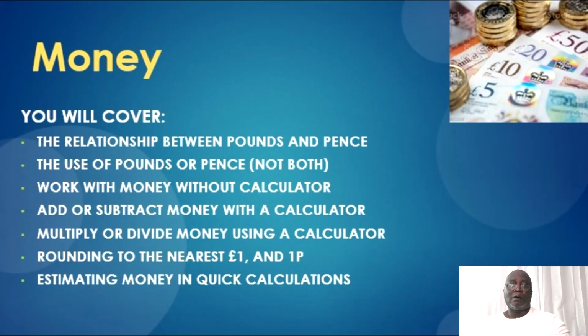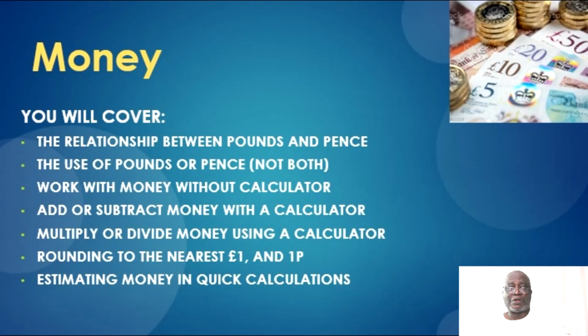Measuring, which is part 2 of the Entity Visual Functional Mathematics, starts with using money. In this topic, you will cover the relationship between pounds and pence, and the use of pounds or pence, not both, in your calculations.